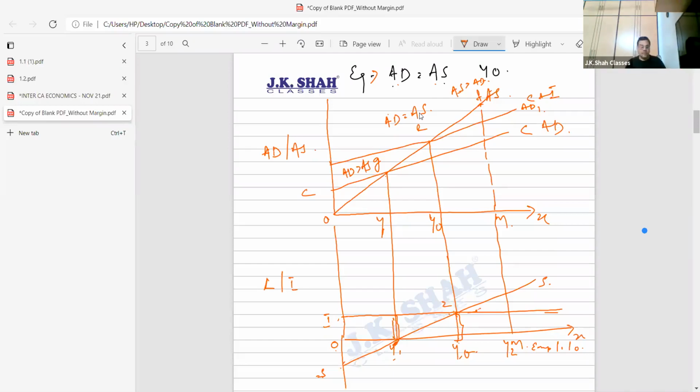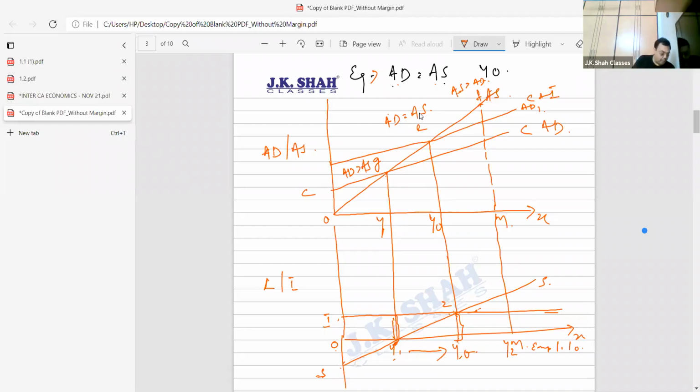And the business community will increase output, leading to a rise in national income. Leading to a rise in national income. Clear? From here, national income will increase, it will go this way, beta.